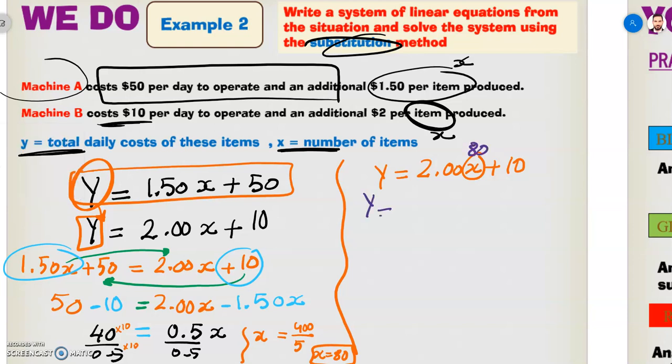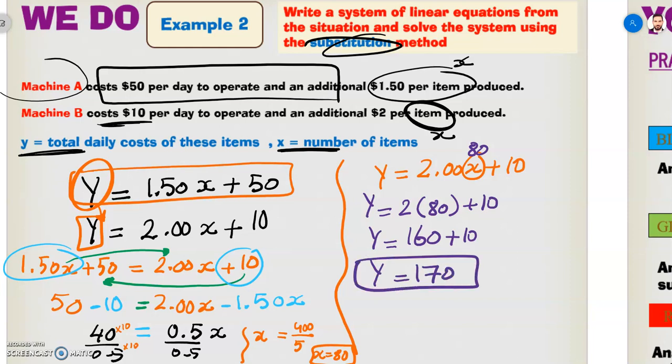So y equal 2 times 80 plus 10, which is y equal 160 plus 10. So y is equal 170. I get the value of y, I get the value of x. X is equal 80, y is equal 170.